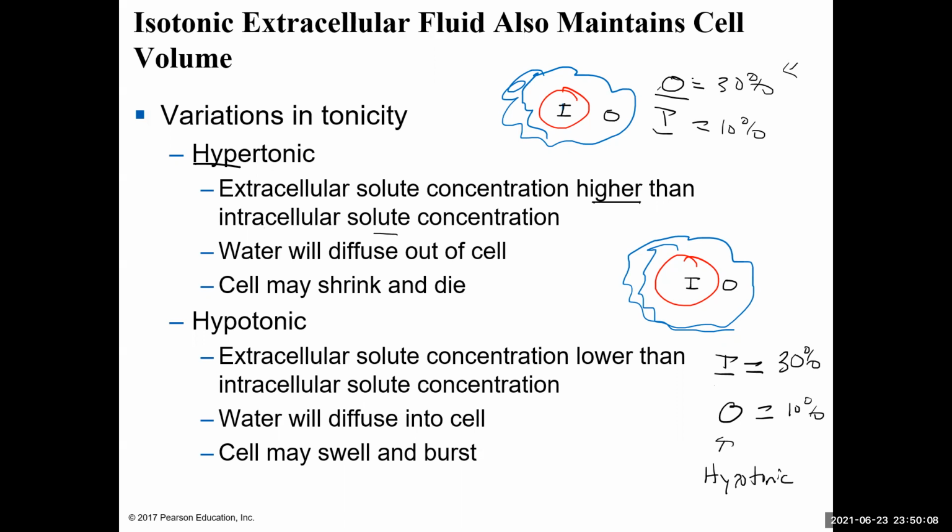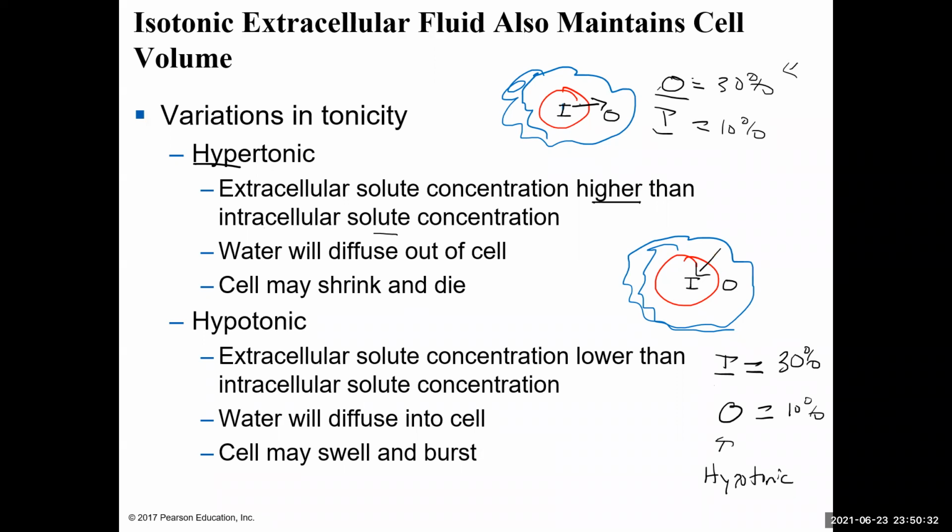Okay. And so in these situations, the water is going to flow towards the more solute. So since the more solute is on the outside in this situation, water is going to flow out of the cell. Since there's more salt on the bottom situation, water is going to flow inside of the cell.